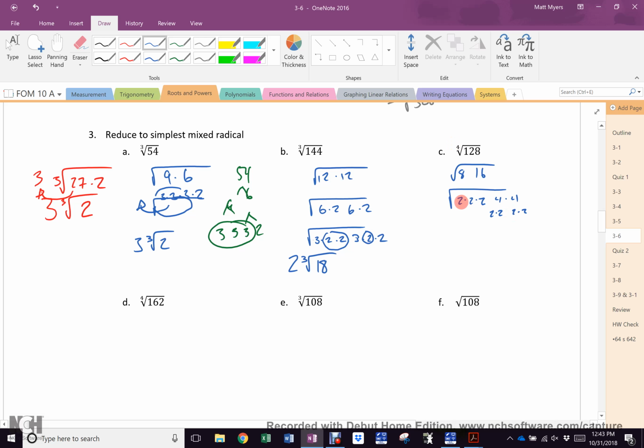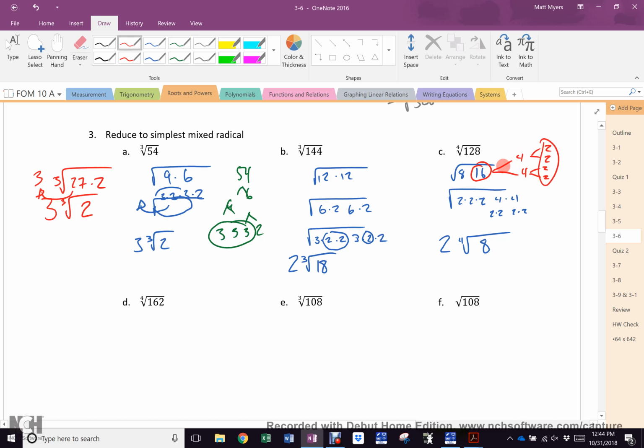So now I have 1, 2, 3, 4, 5, 6, 7 2s, yes? How many do I need? 4. So I bring out one group of 4, and what did I leave under there? 2 times 2 times 2, which is 8. Now, Javon just stole my thunder because I was going to say, hey, wait a minute. Isn't that 4 times 4, which is 2 times 2, 2 times 2?